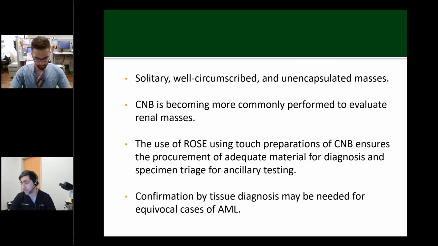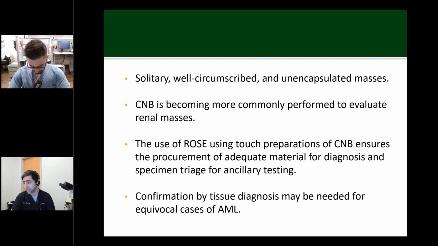These solitary, well-circumscribed masses in the kidneys present unique diagnostic challenges. With the increasing utilization of percutaneous core needle biopsies to evaluate renal masses, the need for adequate material for diagnosis and ancillary testing becomes crucial.